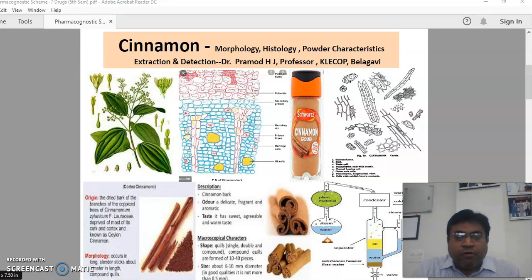That is what I can tell you about the macroscopical characters of this drug. The size of the quills varies from 6 to 10 mm in diameter, with not more than 0.5 mm thickness.